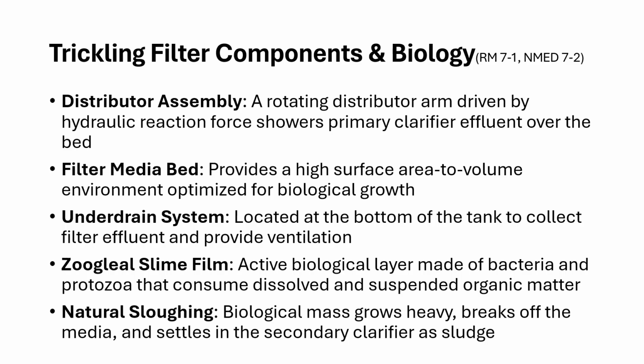Okay, so that's the first thing you have, just a rotating arm. The wastewater coming out of the primary clarifier is going to move that along and trickle that over the filter bed. Then you've got the media, the filter media, and that's in a bed. And the idea is you get a high surface area to volume.